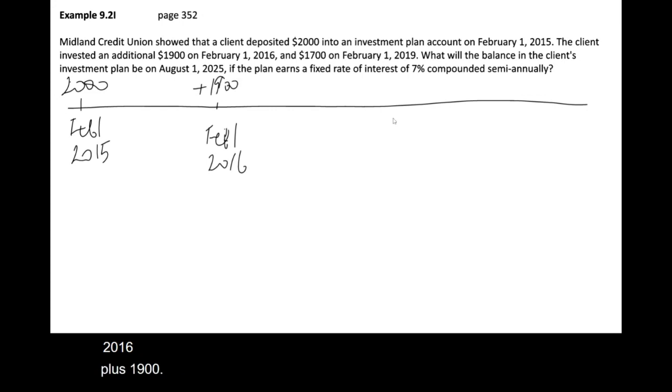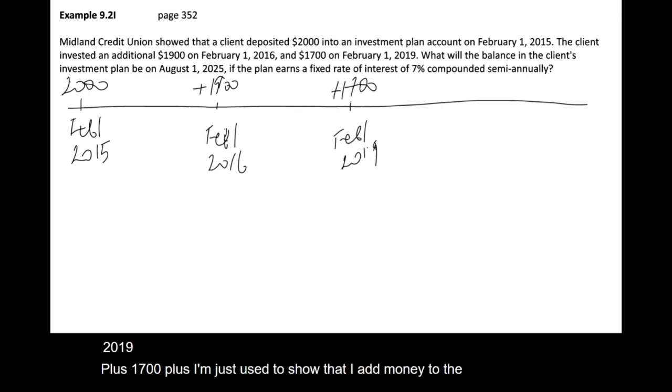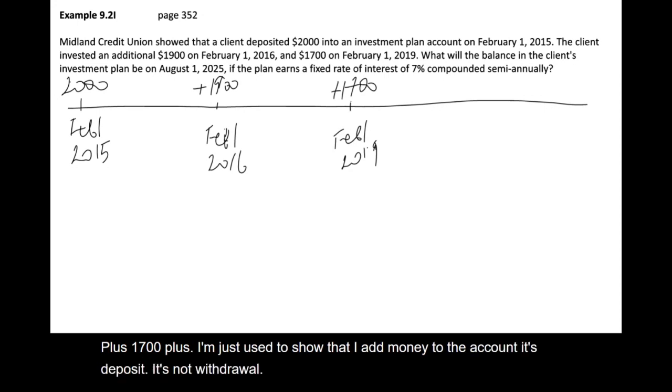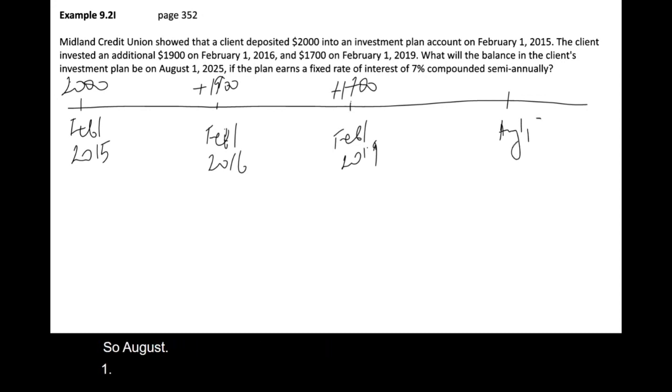Okay, February 1, 2019 plus 1700. Plus I just used to show that I add money to the account. It's deposit, it's not withdrawal. So August 1, 2025.